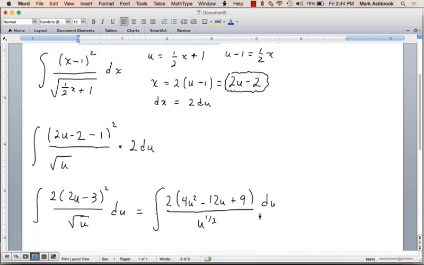Can you see how we're going from here? Yeah, split the fraction.